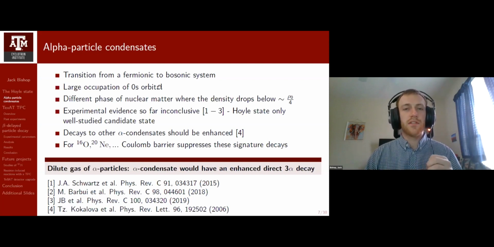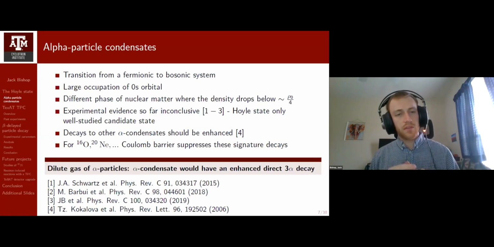There have been studies looking at when this phase transition actually starts to occur. You can see that when the nuclear density drops below 1/4 of the normal nuclear density, this is where the phase transition seems to take place. Experimentally, evidence is so far, let's say, inconclusive.